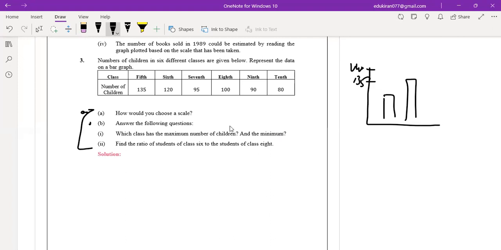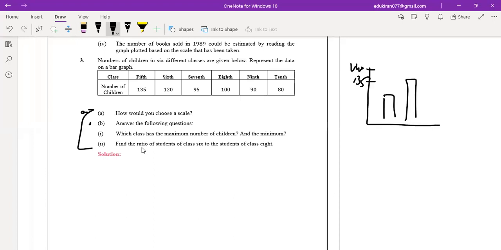Okay. And the next one, find the ratio of the students of class 6 to the students of class 8. Can you explain this one?